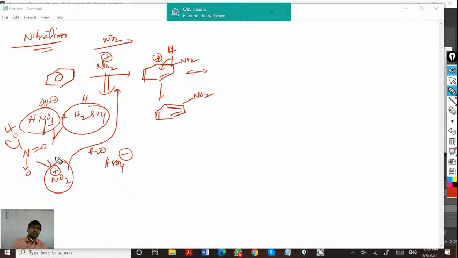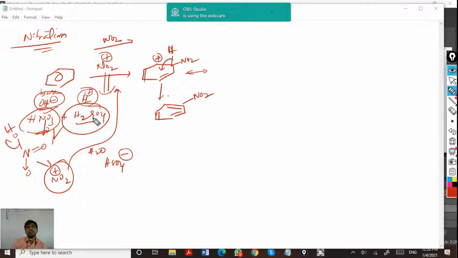Both are acids. Nitric acid, the name itself indicates it is an acid, and sulfuric acid also indicates it is an acid. But as one is donating OH minus, it becomes a base, and the other is donating H plus, so it becomes the acid.